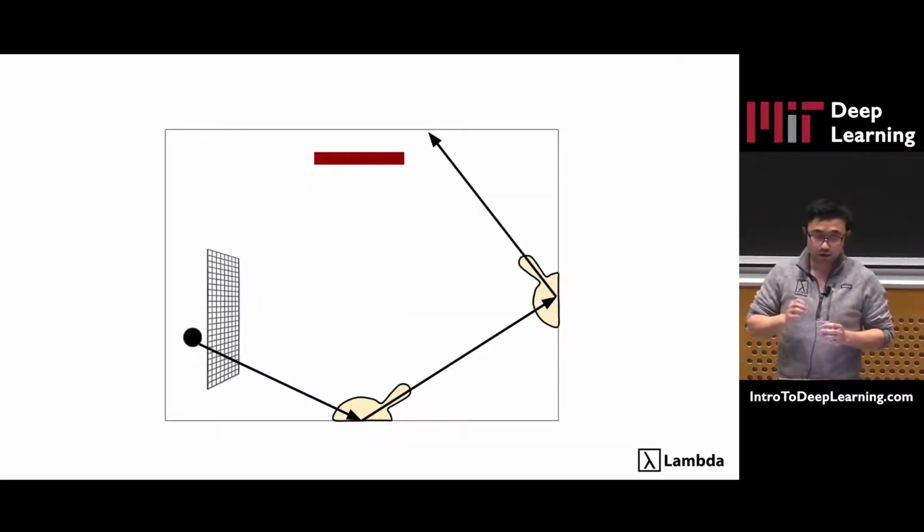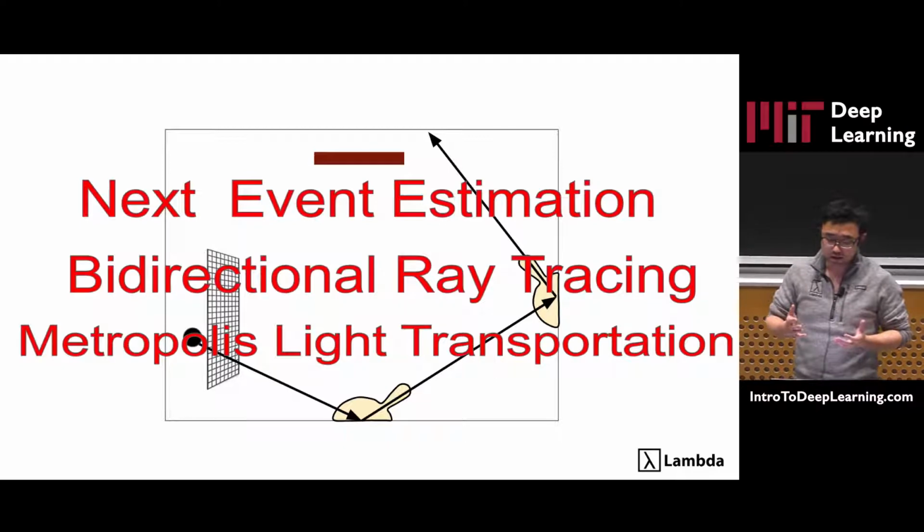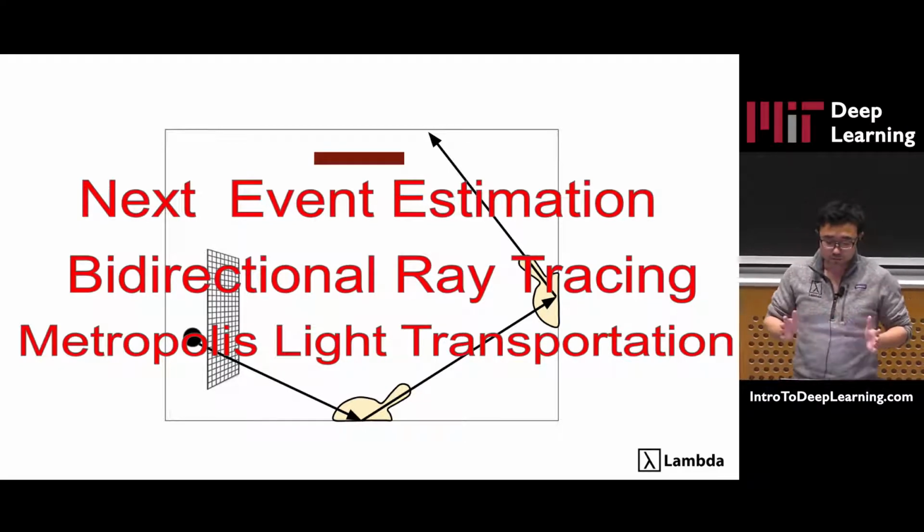Most of the time, a ray needs multiple bounces before it hits the light source. And this soon develops into a recursive problem, which is very expensive to do. So there are many advanced ray tracing techniques that have been invented to deal with this problem, which I'm not going to talk about here.